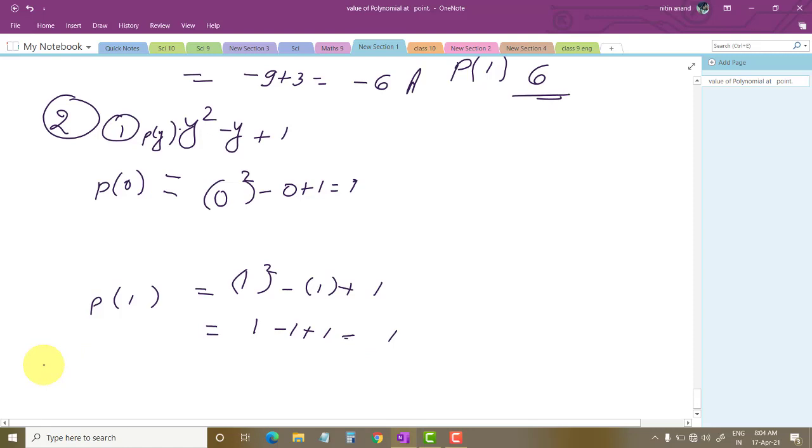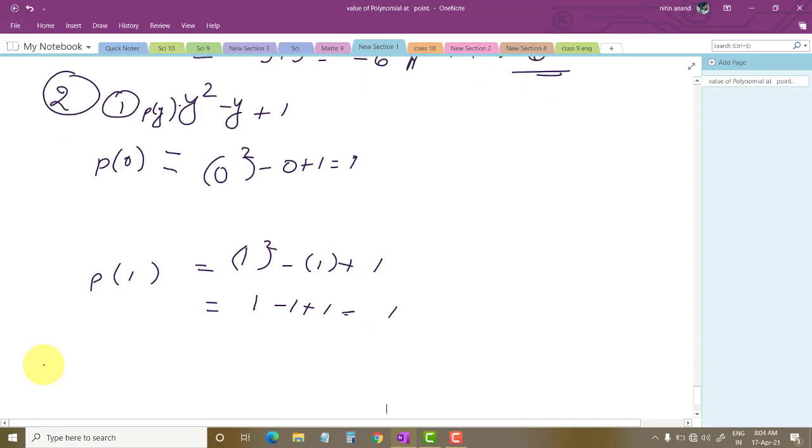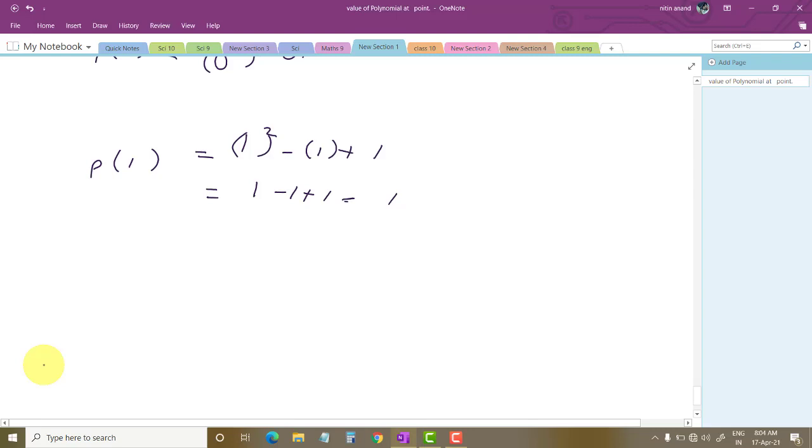Next one is P2. Now once again replace all the y by 2. Now we will write 2 square minus 2 plus 1.